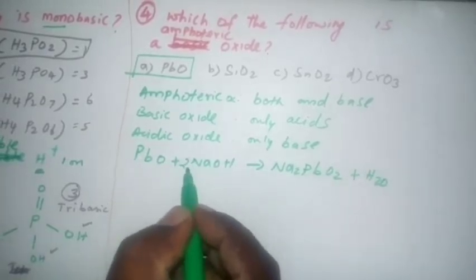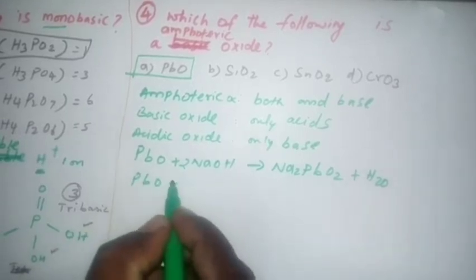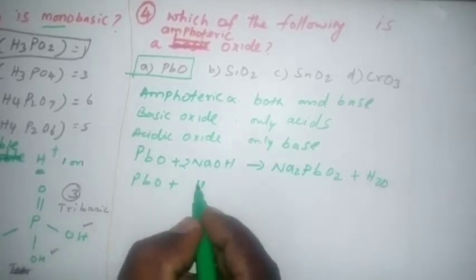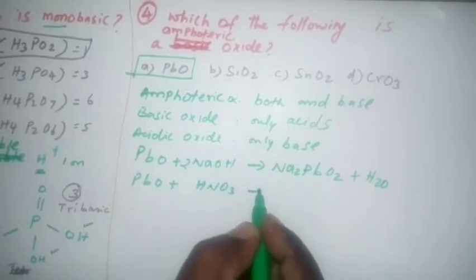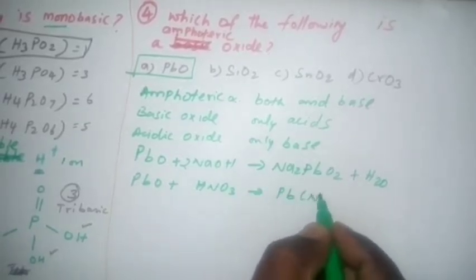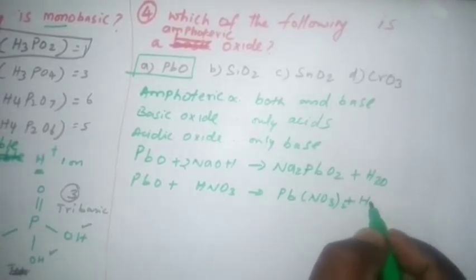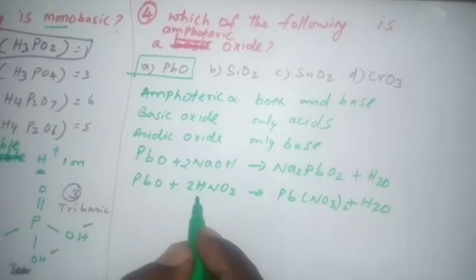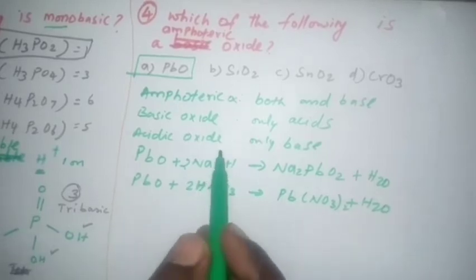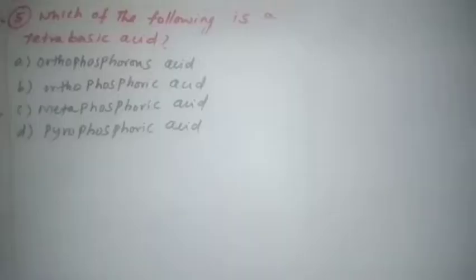Balance the equation. Also it can give a product with nitric acid, HNO3, this is an acid. The products are lead nitrate, Pb(NO3)2, plus H2O. So this type of oxide is called amphoteric oxide. So option A is the right answer. Now question number 5.